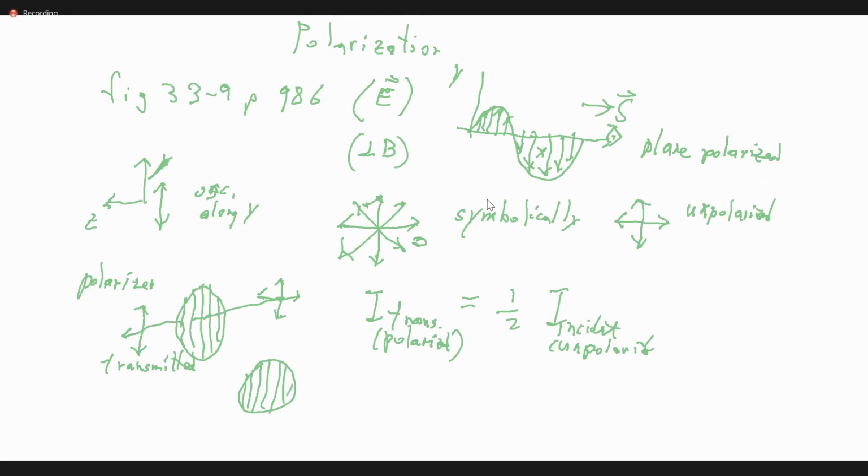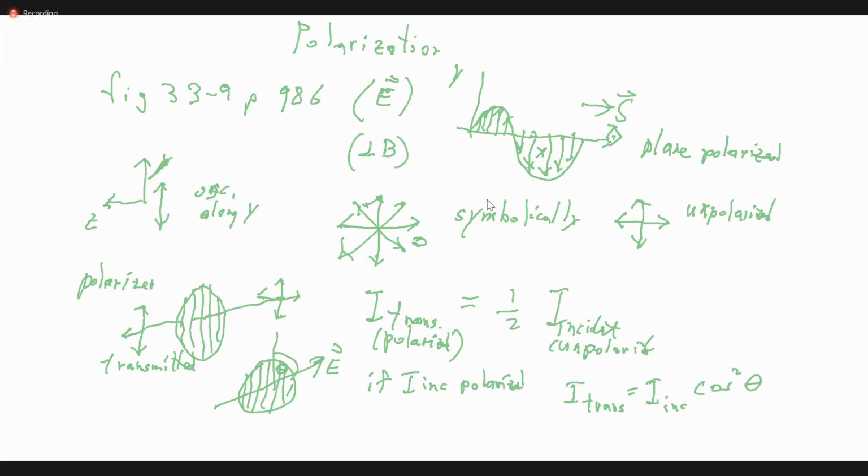If the electric field oscillation makes an angle of theta with the direction of the polarizer, and the incident light is polarized, the transmitted intensity would be the incident intensity times the cosine squared of theta, where theta is the angle between the electric field oscillation and the polarizer.